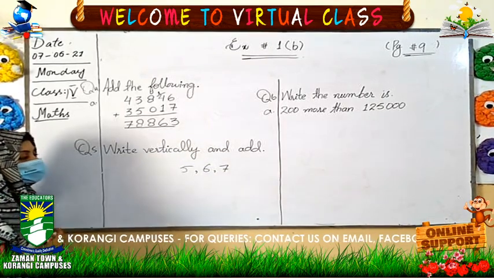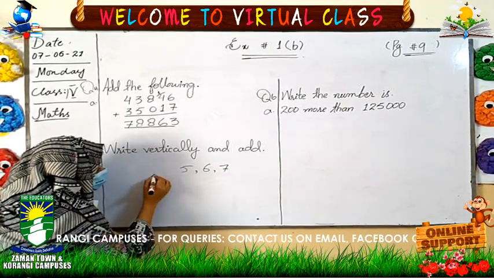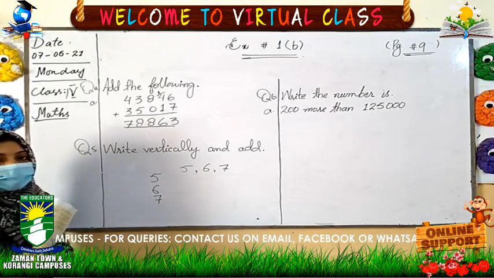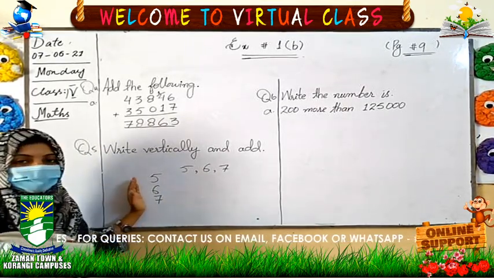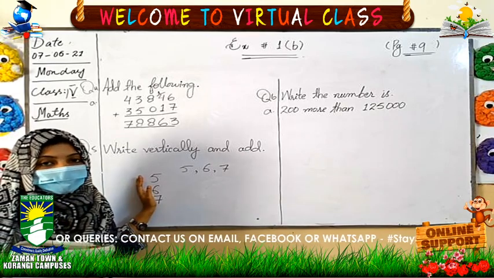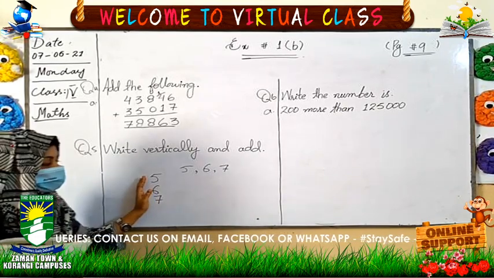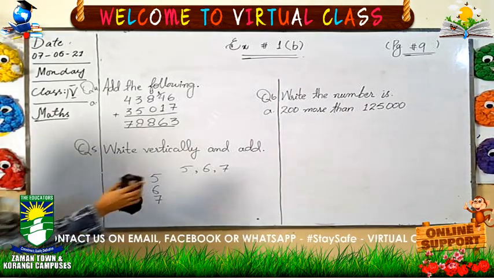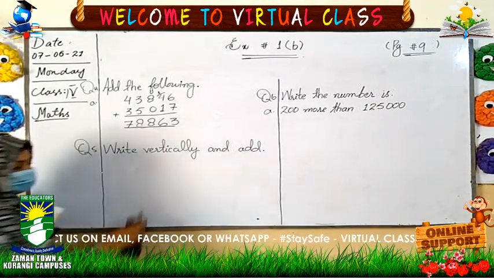If I write these numbers like this from top to bottom, I will say that I am writing these digits vertically. Hope you have understood this. So we are going to solve these questions.